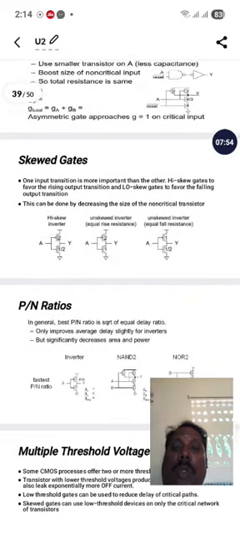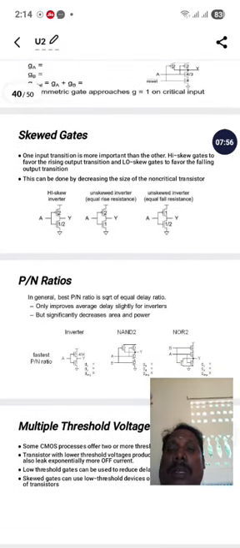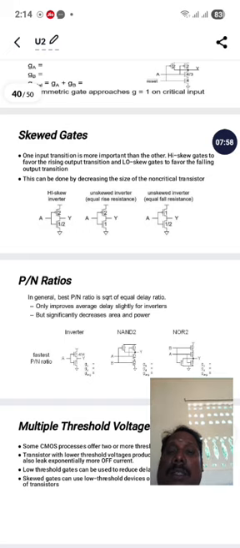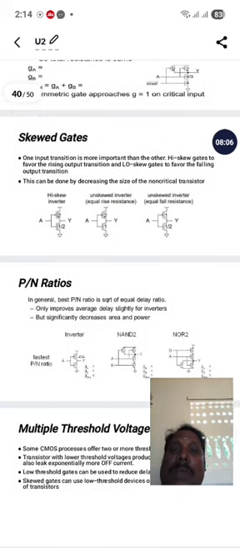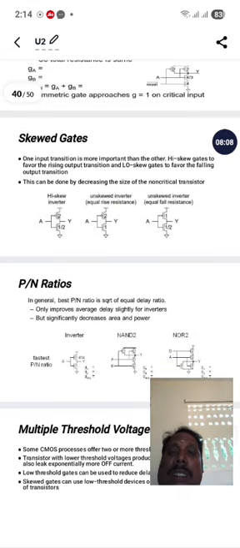What is meant by skew? The value of PMOS and NMOS should be in a 2:1 ratio. If it is not like that, then it is called either a high skew or a low skew. For example, the middle diagram has an unskewed inverter, where the ratio is exactly 2:1.